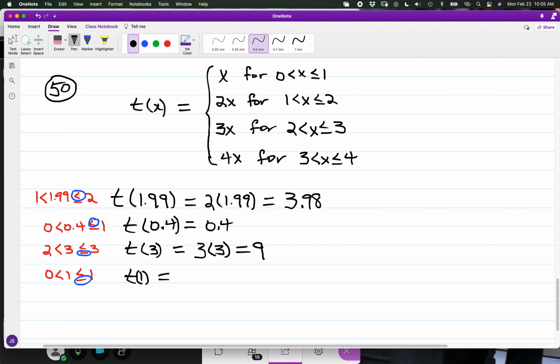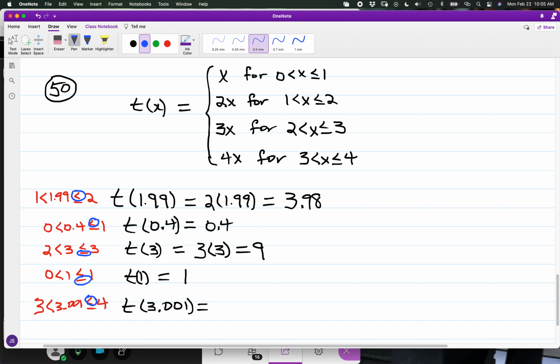And as for what we have for t of 3.001, this is going to belong to the last inequality, so you have 3 is less than 3.001, and that in turn is less than or equal to 4, thanks to the less than portion of the second half of the compound inequality.